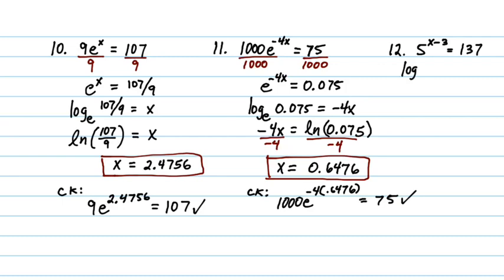All right, so you're going to get the log base 5 of 137 equals x minus 3. Now, the left side is a base 5 log, so we're going to need the change of base rule.